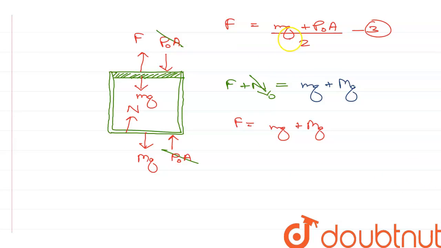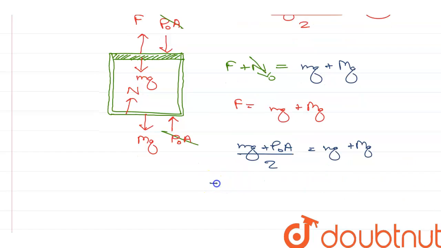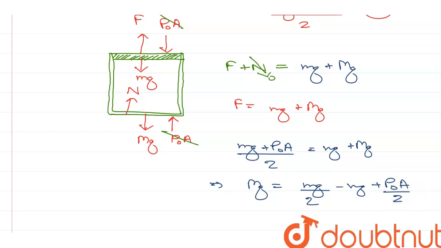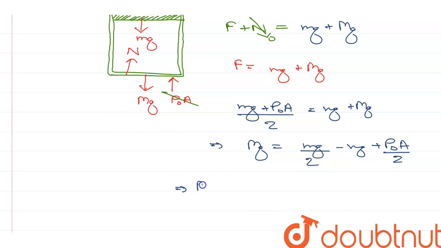Now I can put the value of F from equation number 3. So mg plus P naught A by 2 is equal to mg plus capital Mg, which gives me capital Mg is equal to mg by 2 plus P naught A by 2, which means capital M is equal to (P naught A plus mg) by 2g.